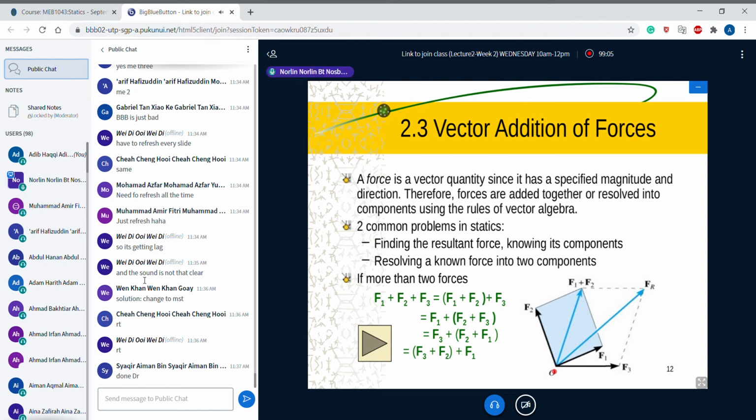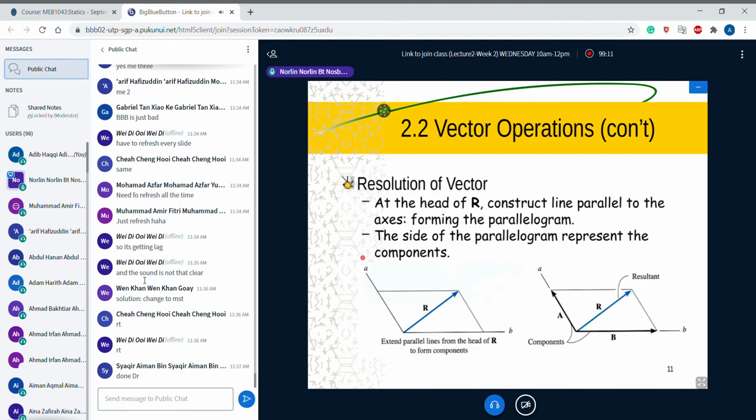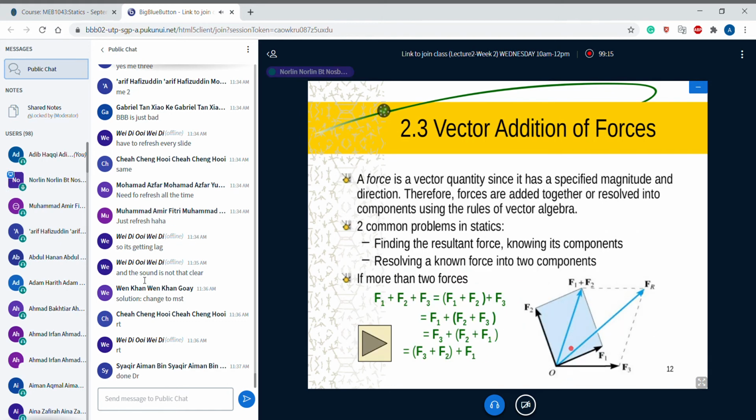Usually it is much easier when there are two components. That's why you need to draw two components. So when there are a lot of forces, if you want to find the FR, FR is equal to F1 plus F2 plus F3, right?